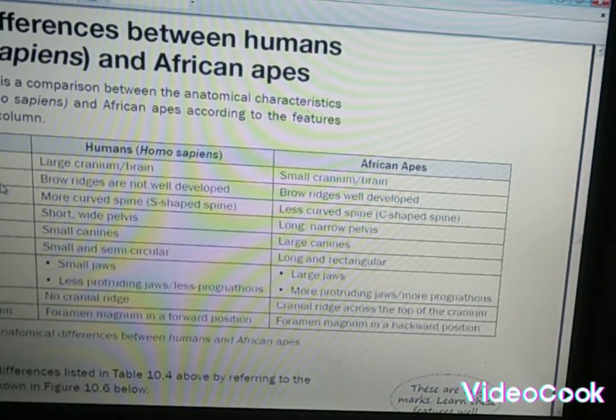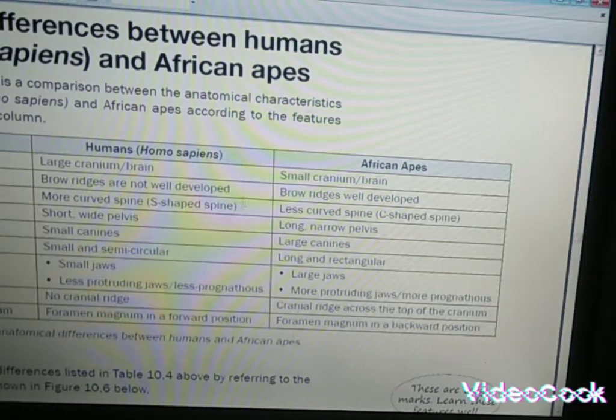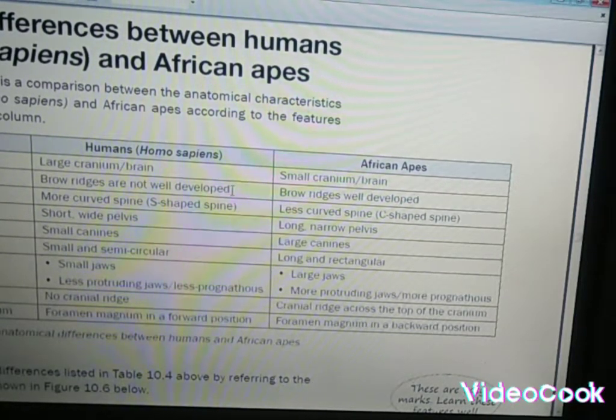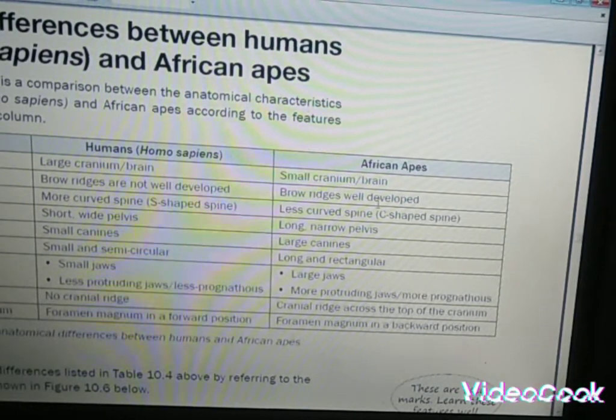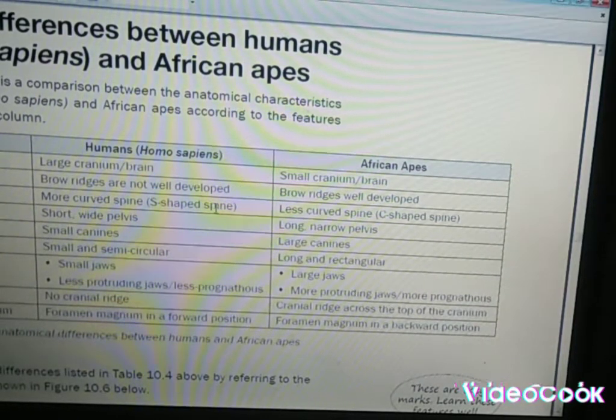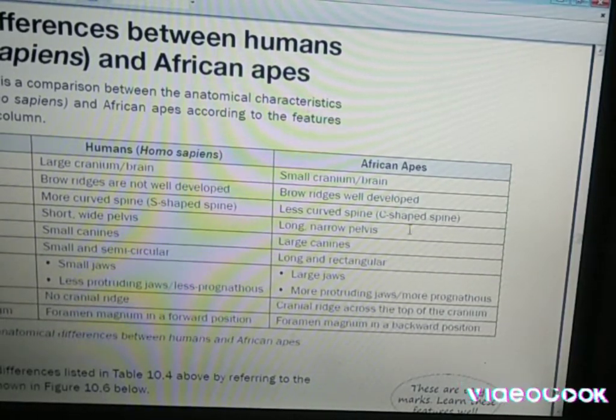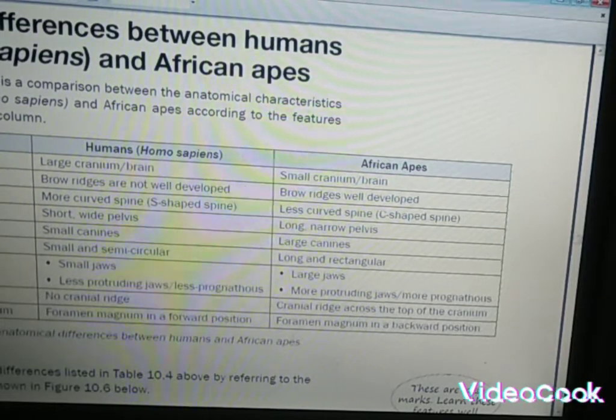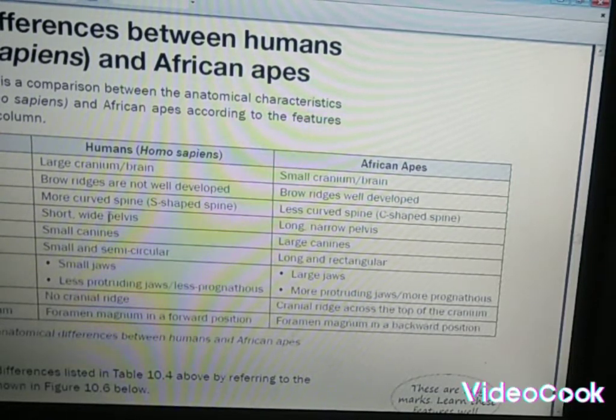Broad ridges are not well developed in Homo sapiens, but in African apes, they are well developed. The spine of a human being is more curved, forming an S-shape, but that of an African ape forms a C-shape. The pelvic girdle is short with a wide pelvis. For African apes, it's long with a narrow pelvis, right?